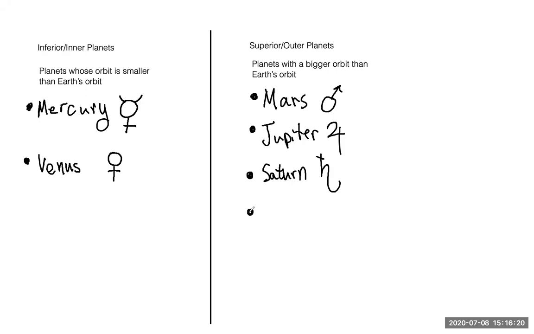Then we have Uranus, and Uranus's symbol is kind of weird. It's a circle with a stick coming out of it and then an H on top of that stick. And then we have Neptune, and Neptune's symbol is a trident, which I think is just excellent.